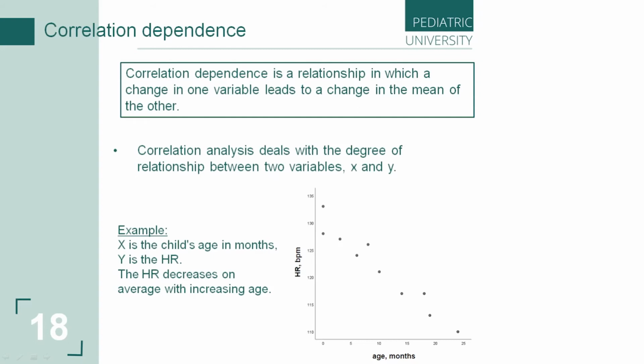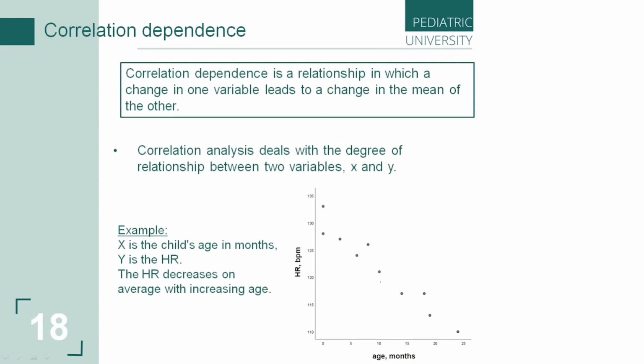If we draw a scatter diagram, like in this example, where each dot is a patient, we can see that an increase in age, on average, leads to a decrease in heart rate. It's really like in our life: more age, less heart rate. So increase age, decrease heart rate.